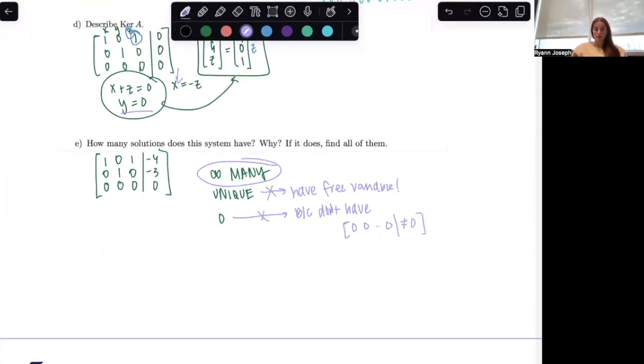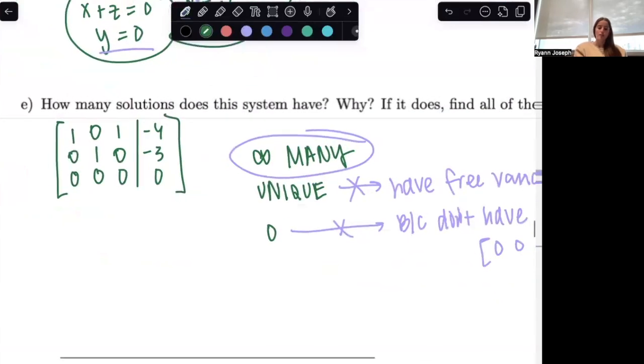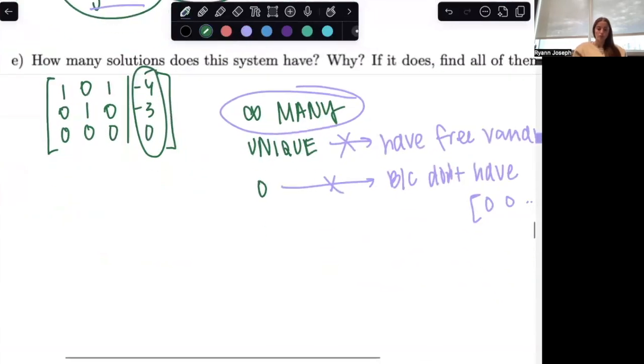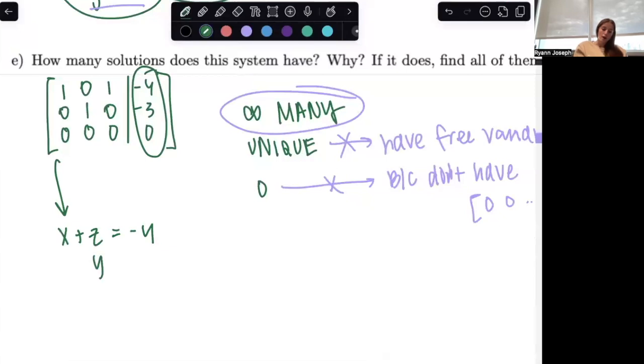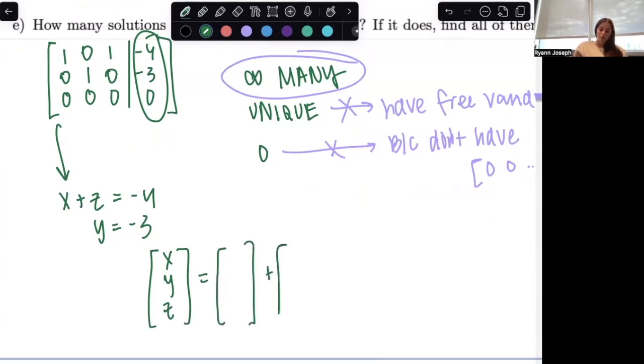Whatever it is, find all of them if it has solutions. So we have infinitely many, so we're going to do the same thing we did in part D, but now we have this as our solution set. So first thing, what equations do we have from this? So x plus z is equal to -4, and then y is equal to -3. We form my skeleton, x, y, z. We still only have our free variable z, but we also have this non-homogeneous vector.